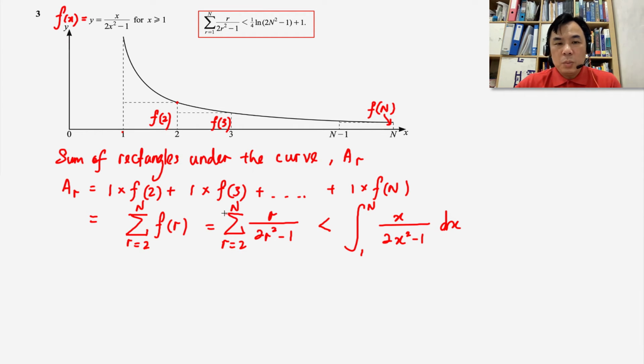We can do this by purposely introducing an extra term f1 into the equation there. So we can actually do it this way. We can introduce it. Bear in mind, this actually represents f2. So we can actually introduce one more f1 here. Add it to the left-hand side of the inequality.